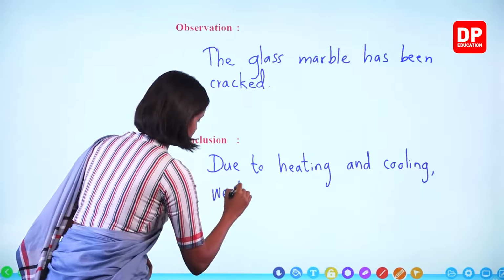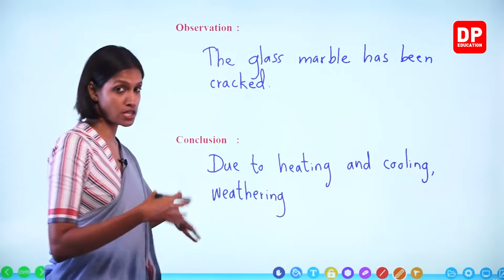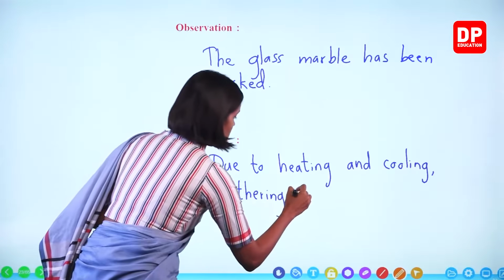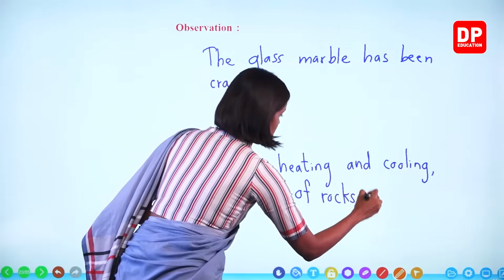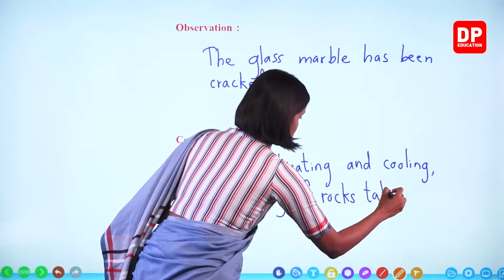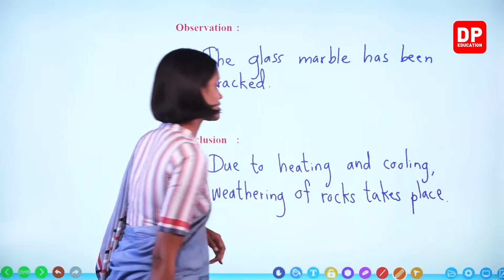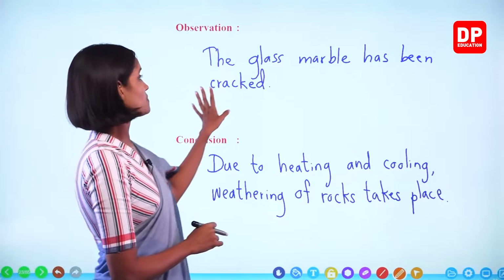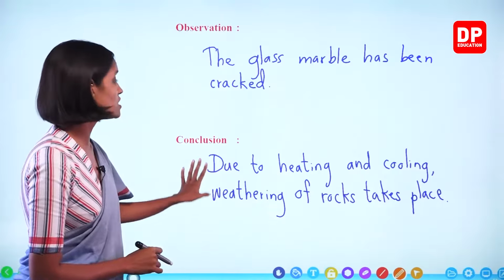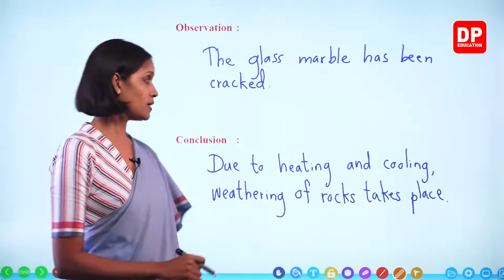Weathering of rocks means breaking down of rocks, okay? Weathering of rocks takes place. Right, children? Observation was the glass marble has been cracked. Conclusion, due to heating and cooling, weathering of rocks takes place, okay?